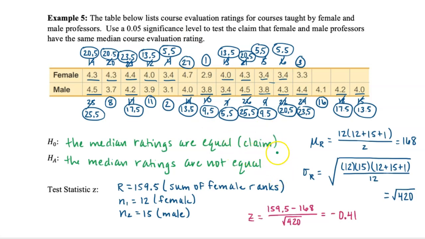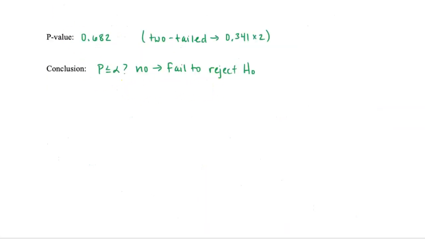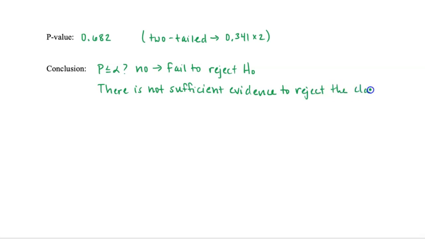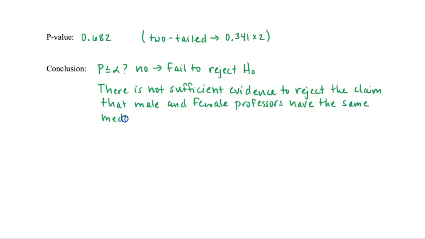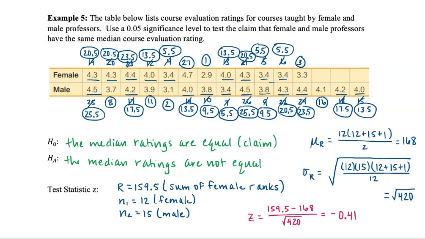And if we're failing to reject the null, then that means that there's not sufficient evidence to reject the claim that the male and female professors have the same median course evaluation rating. And so it's looking like the ratings are really not dependent on gender.